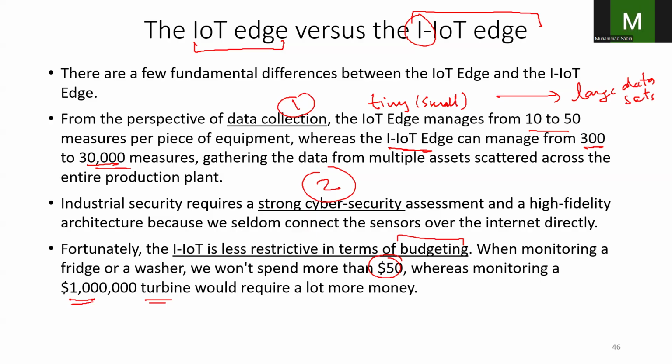Think about making an IoT monitoring product for a $50 thing, versus making an IoT product or service for a $1 million asset. So the budgeting and the scalability are more sensitive in IIoT deployment.